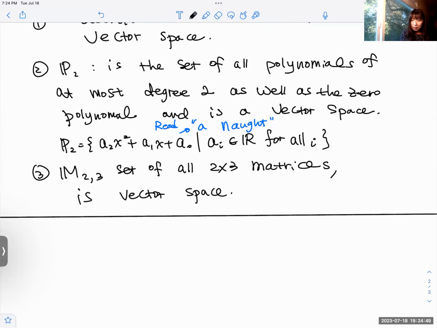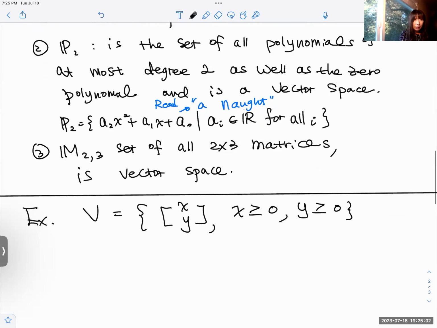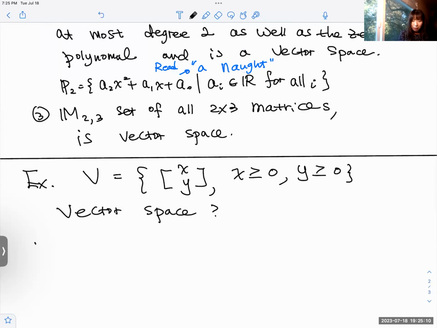Okay, so we have a vector space of x and y, where x is greater than or equal to 0 and y is greater than or equal to 0. Let's pick numbers to show this.